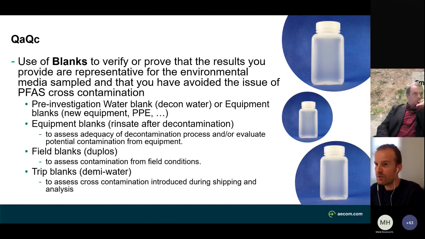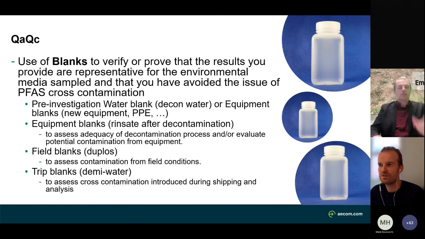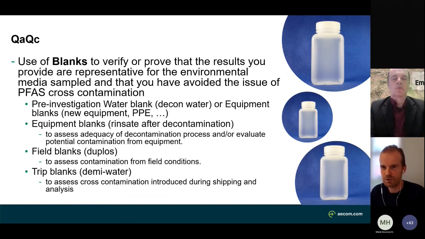You could also take equipment blanks during the decontamination process, and those are to assess the adequacy of the decontamination process and/or evaluate potential contamination from equipment. Generally, we decontaminate our hand augers, for example, between different drilling locations using a PFAS-free water source.